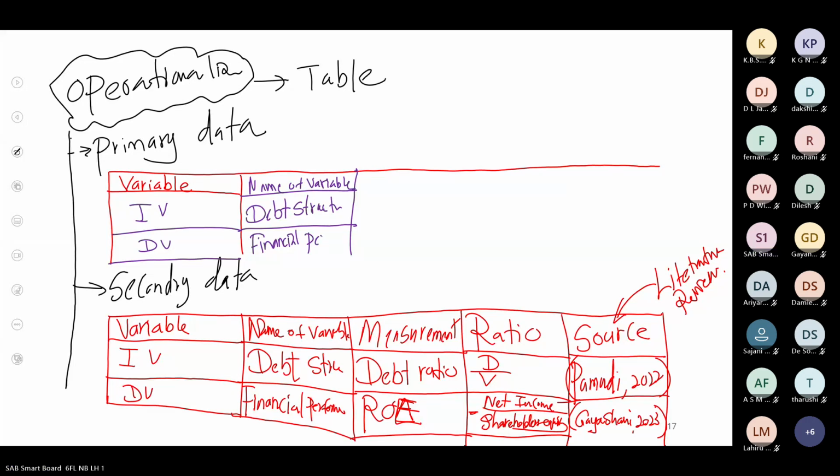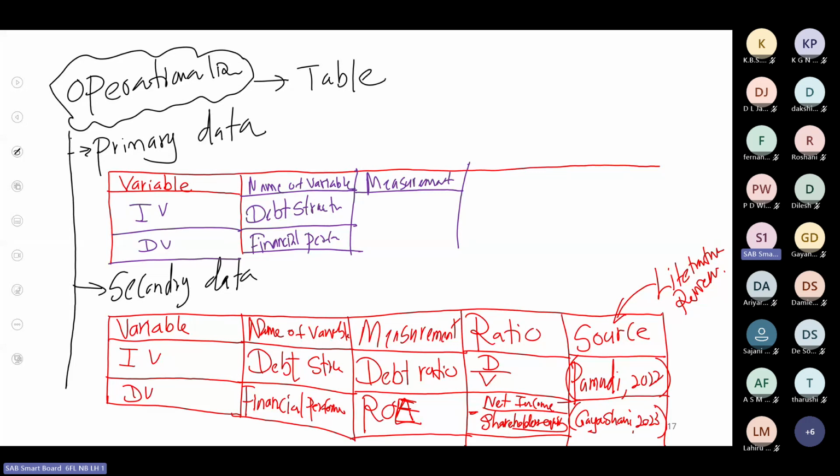Measurement. So we know if we are conducting primary data collection, you have to gather the responses, right? How to gather the responses? We have to prepare a questionnaire.